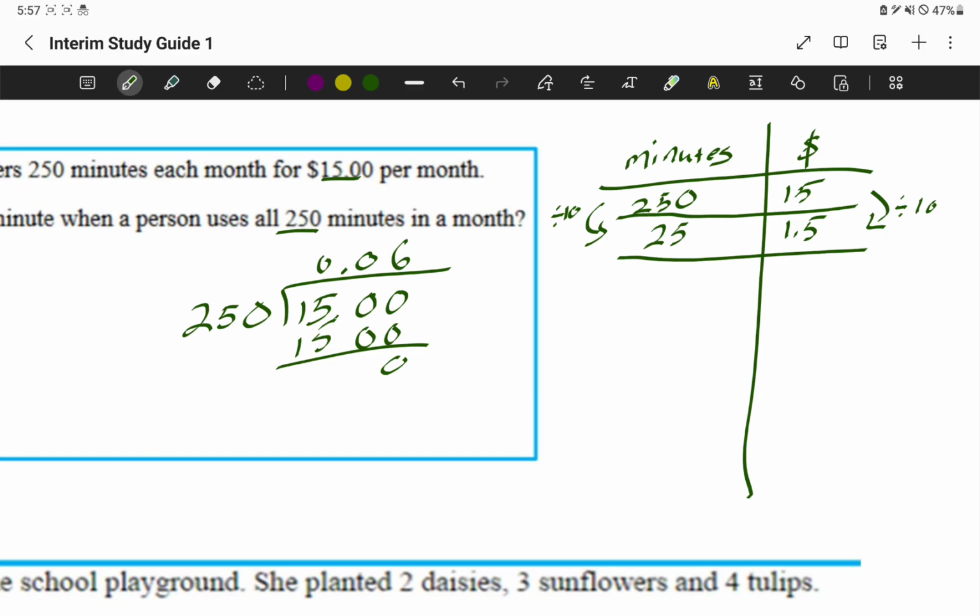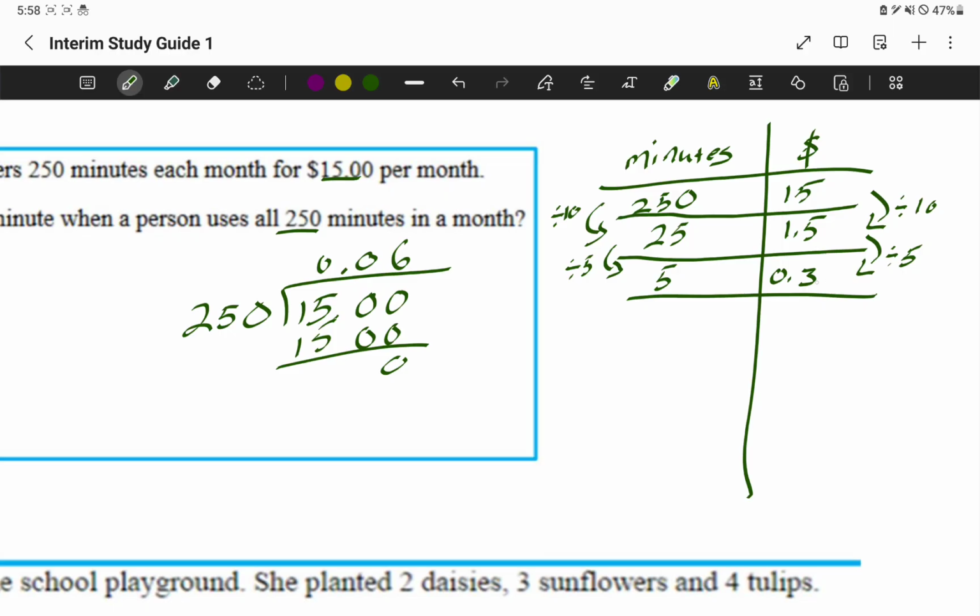Now let's divide by 5. 25 divided by 5 is 5. 15 divided by 5 is 3, but it doesn't go into 1 at all, so that's 0.3.